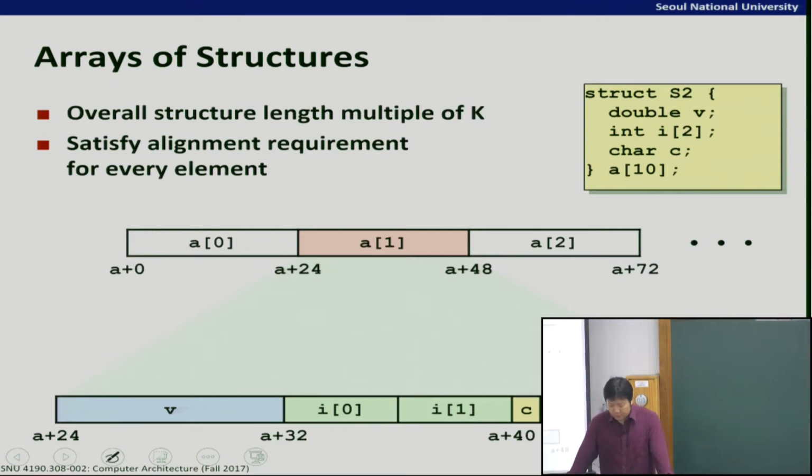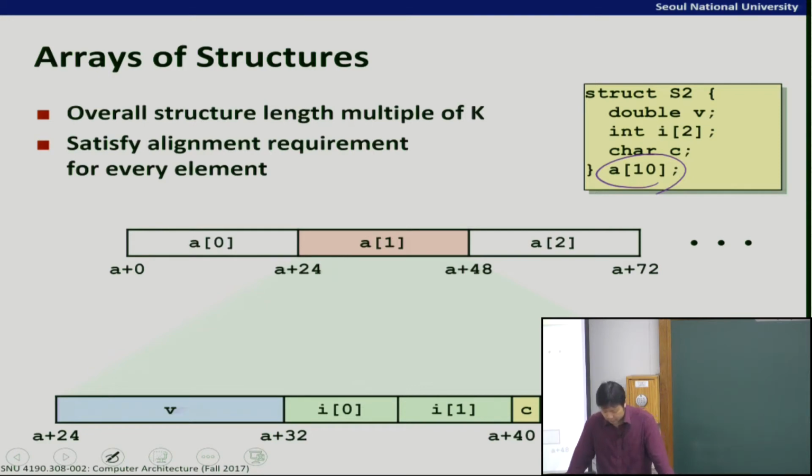Let's say an array of structures. Let's say you declare an array like this. Now you have an array of structures, 10 copies of the struct. Then the overall structure length is a multiple of k, where k is the largest element inside the struct, and these alignment requirements must be satisfied for every element of the array.